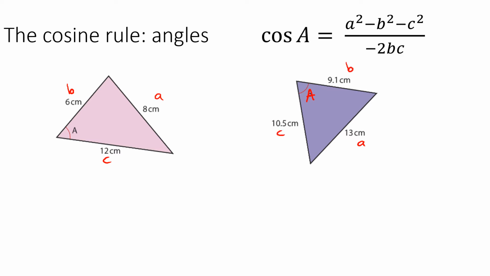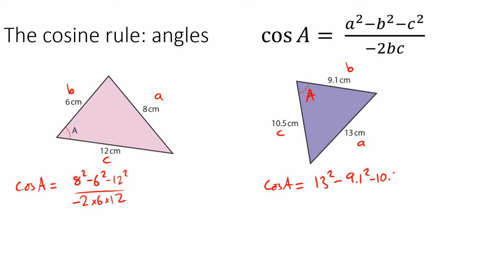And then we want to put those numbers into the formula. So cos A is equal to 8 squared minus 6 squared minus 12 squared all over minus 2 times 6 times 12. And on this other one, cos A is equal to 13 squared minus 9.1 squared minus 10.5 squared all over minus 2 times 9.1 times 10.5.